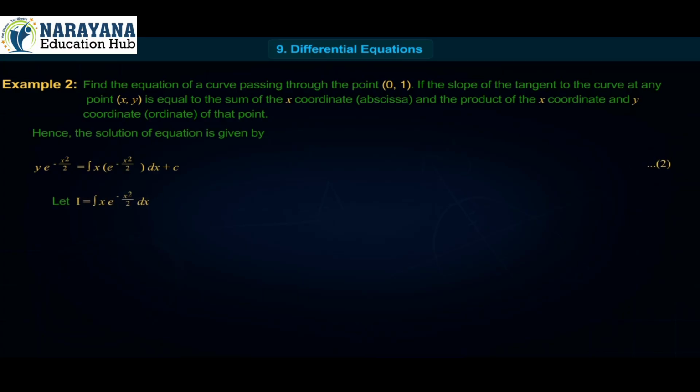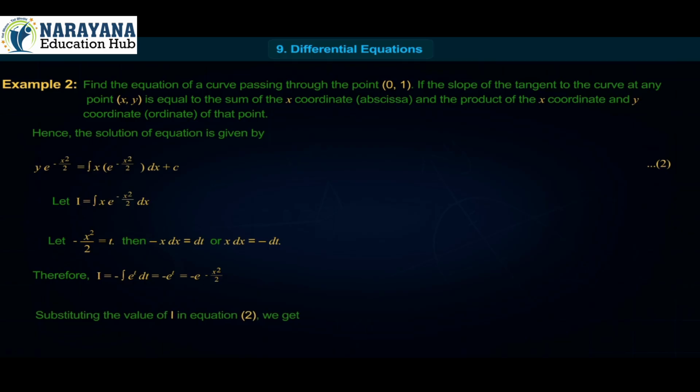Equation 2. Let I is equal to integration x e raised to minus x squared by 2 dx. Let minus x squared by 2 is equal to t. Then minus x dx is equal to dt, or x dx is equal to minus dt. Therefore, I is equal to minus integration e raised to t dt is equal to minus e raised to t is equal to minus e raised to minus x squared by 2.